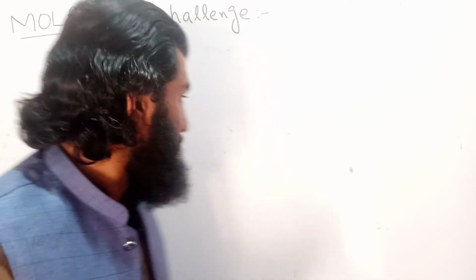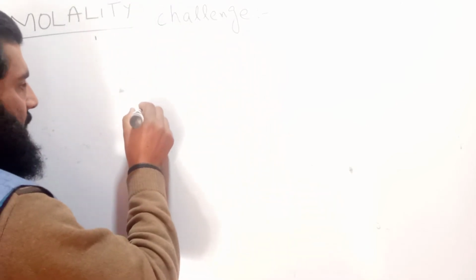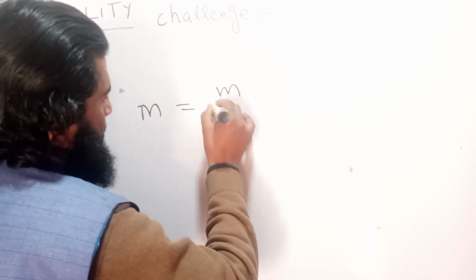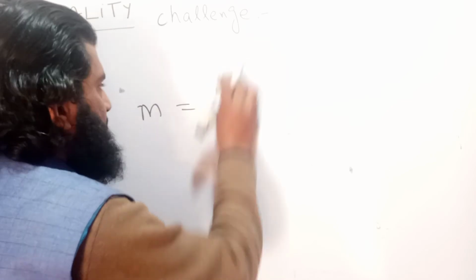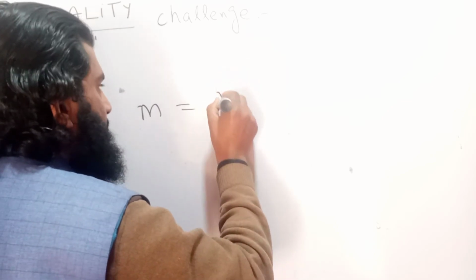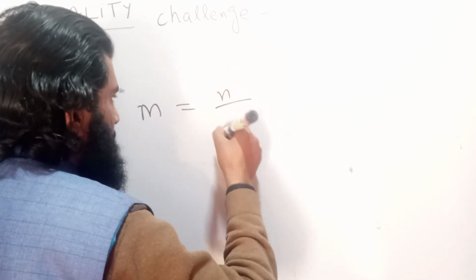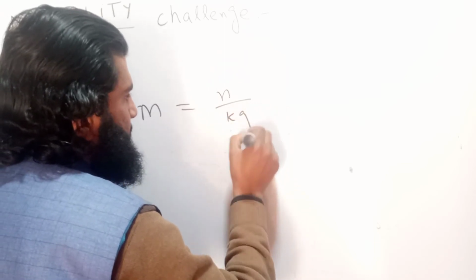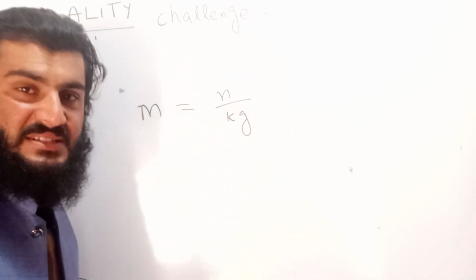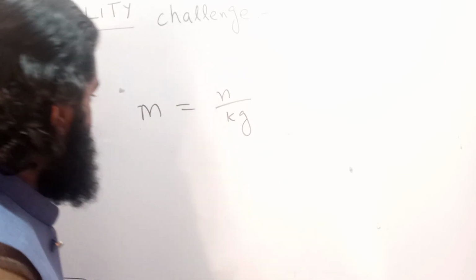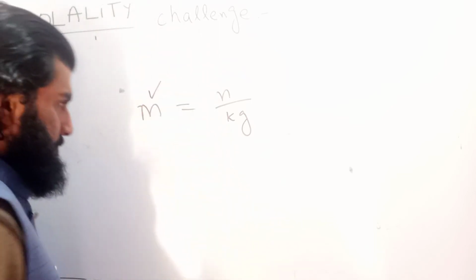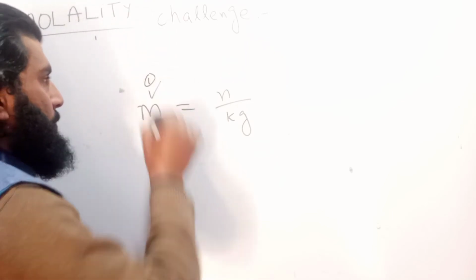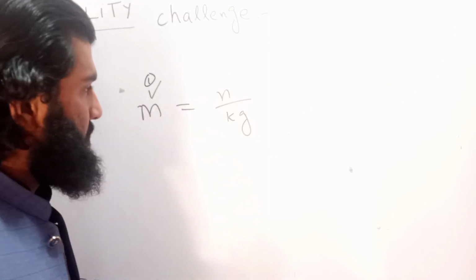Suppose you can see here, molality is equal to number of moles in kilogram of solvent. So the examiner can ask different types of questions. Sometimes they can ask about the molality of the solution.